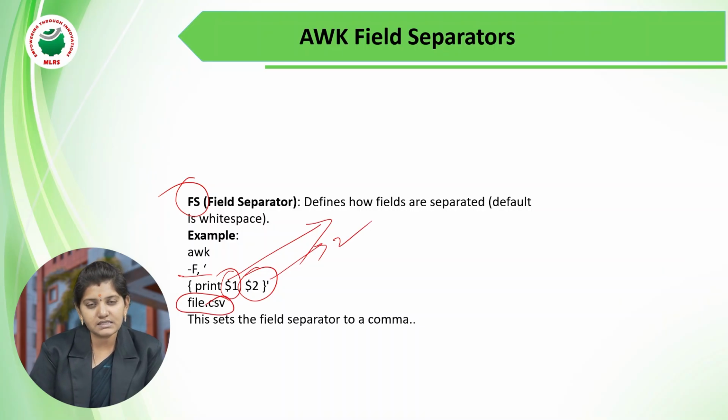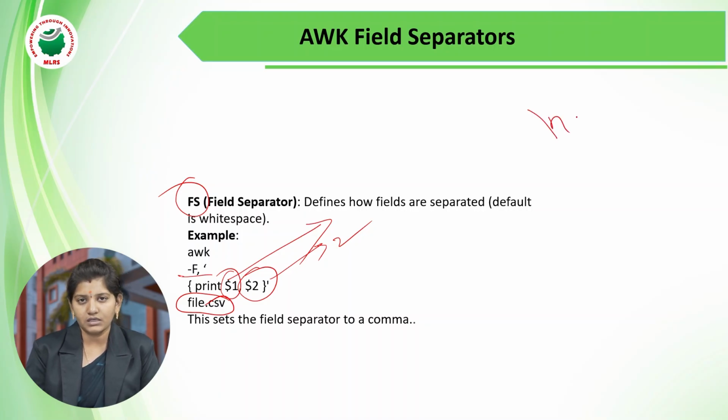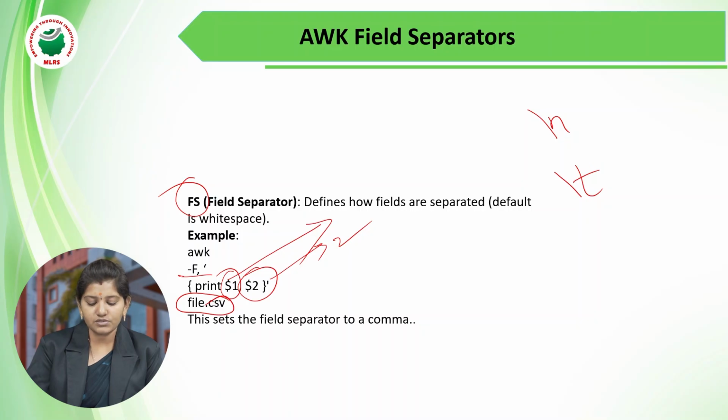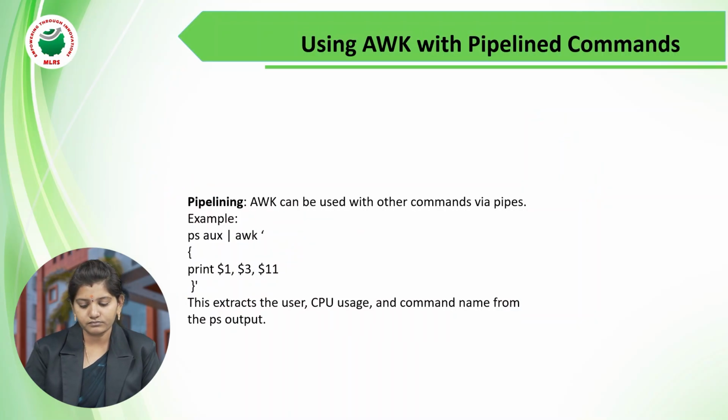This sets the comma as the separator to separate the different fields. For example, if we need to write in a new line, we use \n. In previous programming languages, if we need a tab space, we use \t. In the same way, we use the field separator to separate the fields in the output lines.